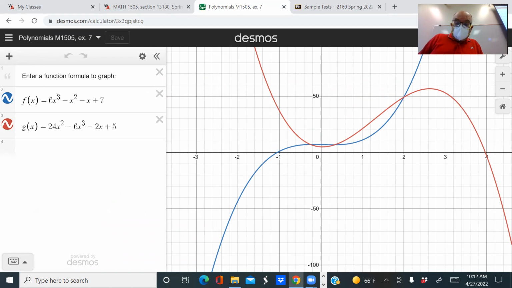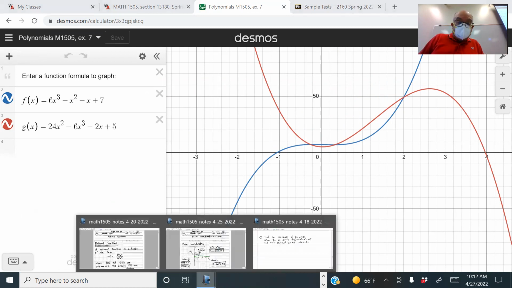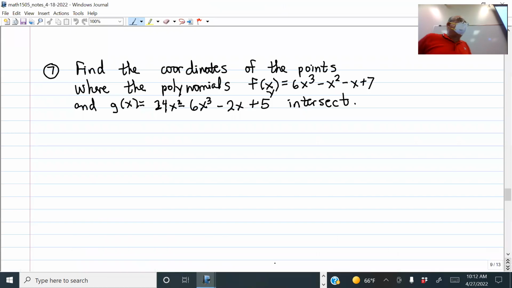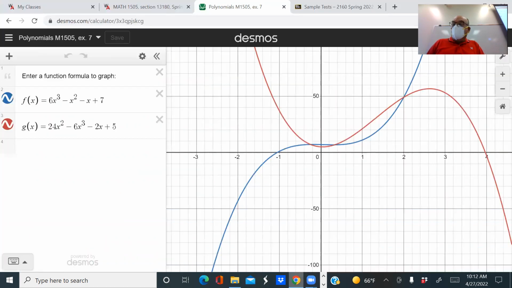So let's see if we can find the answers analytically, so we don't have to have estimates. We can find exact solutions. But I do want to point out, thinking about the analytical solution, the points where these graphs cross each other, notice that in those points the x and y coordinates have to fall on both curves, right?